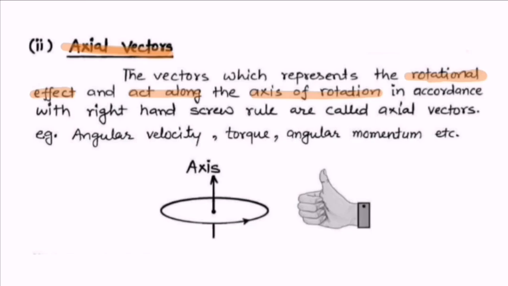Examples of axial vectors are angular velocity, torque, angular momentum, etc.